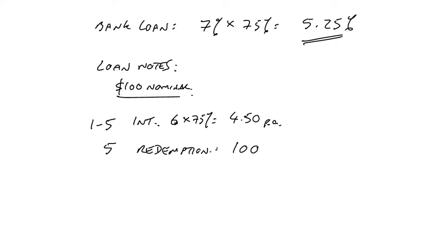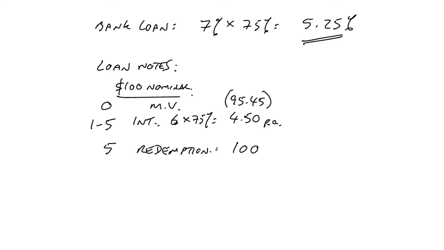And of course, the redemption isn't tax allowable. We need the internal rate of return in that the present value of those will equal the current market value. And what is the market value? They're trading at 95.45 for 100 nominal.